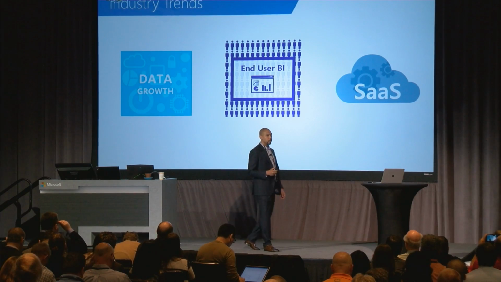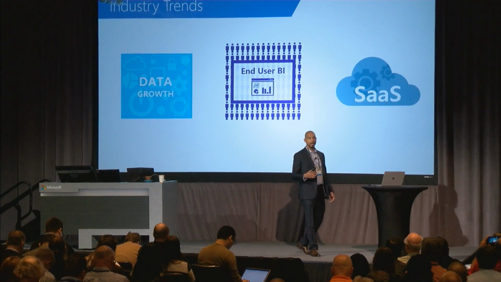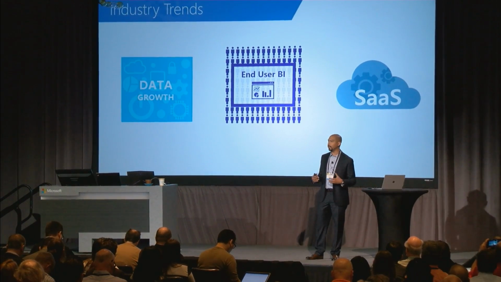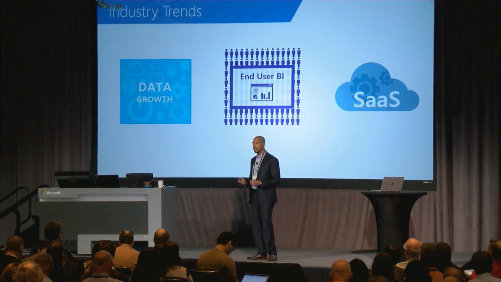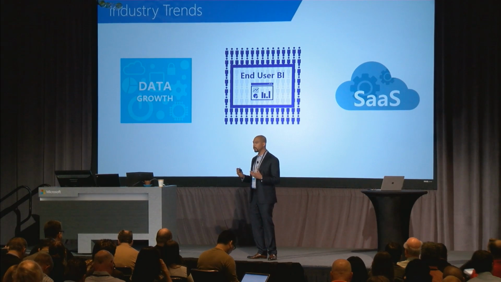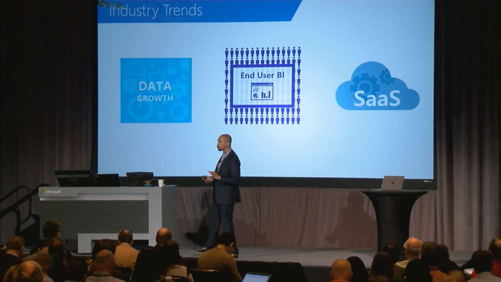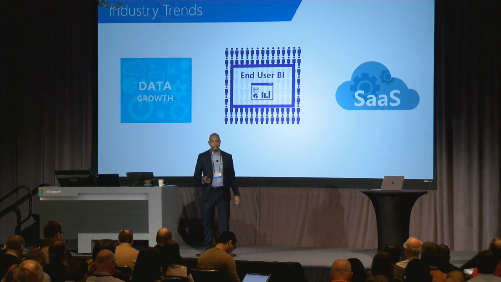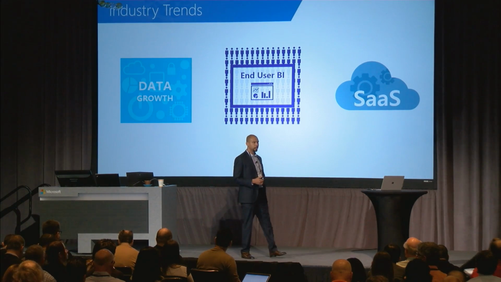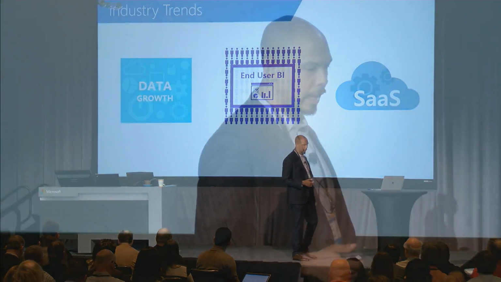First, I want to talk about some of the philosophy behind Power BI decision making and what we decided to work on and how we landed where we are today. And the first thing you have to start with, if you look at BI, are the 3 trends that we believe are most heavily impacting the industry. The first one, which you've heard a lot about today, is just the explosion of data. IoT sources, social data, machine data, log data, all increasing in volume from a multitude of sources.